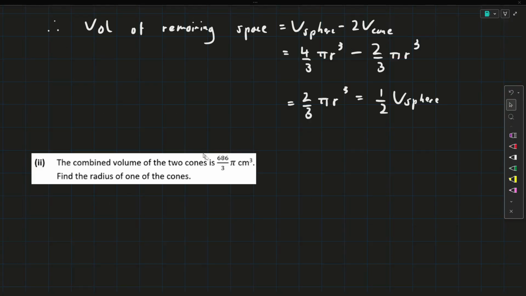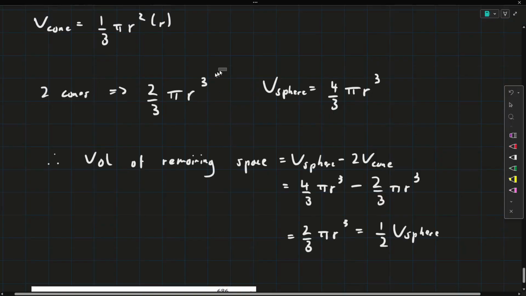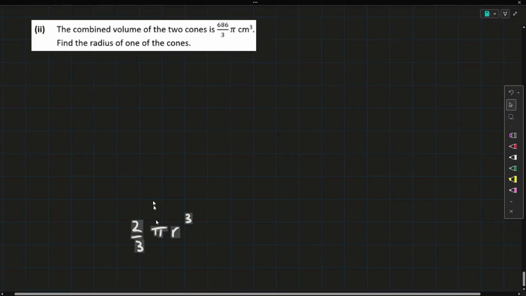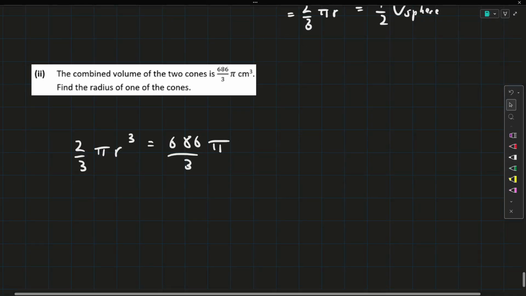Then we're told the volume of the two cones combined together. So remember that the volume of two cones was 2 over 3 pi r cubed. So we take this, and we know that that's going to be equal to 686 over 3 pi. Well, we can divide both sides by pi and they cancel out. Multiply both sides by 3 and they cancel out.